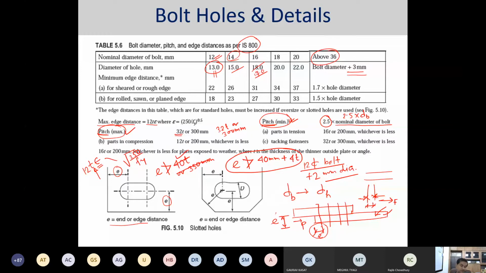So in a corrosive environment, the edge distance or end distance should not be more than 40 mm plus 4 times T. Now, while designing a steel structure, it is very important to consider which thickness you are going to use. If there are dissimilar thicknesses, one thinner and another thicker, then you have to judiciously choose the specified thickness.